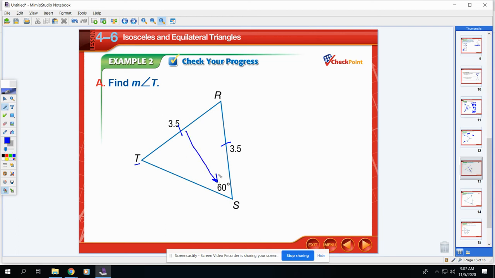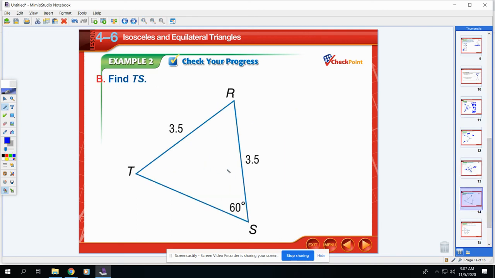Opposite of 3.5 would be angle S. For RS over here, opposite of RS is going to be angle T. So these are going to be congruent, which would tell us that this is 60 degrees. So the measure of angle T equals 60 degrees.